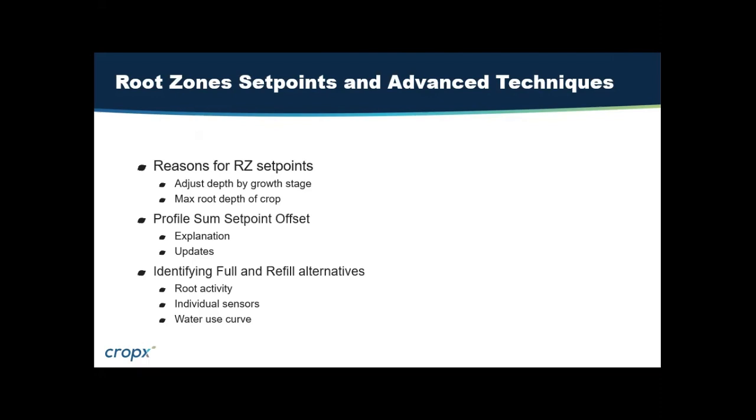So that was that feature that he showed the new UI on the what's new. That was a late launch before install season last year. Definitely added some confusion. I want to clarify how that works, especially now with the new UI. And then, like I said, we'll go into some more advanced techniques on how to know you're correct in the profile sum.